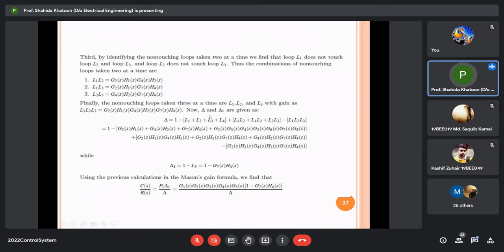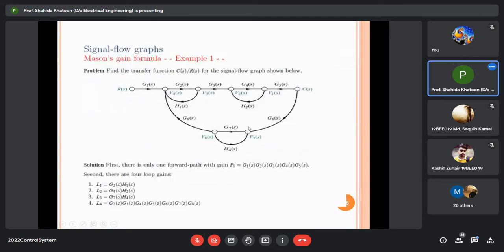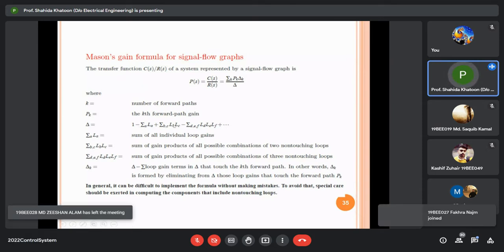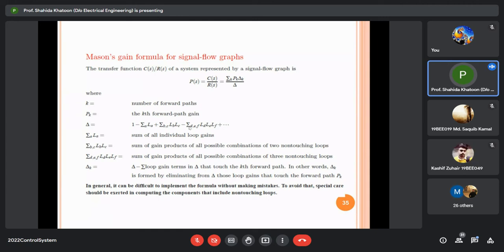Now you have to find out delta. So what is delta? From Mason's gain formula, delta is 1 minus the sum of all individual loop gains, plus the sum of gain products of all possible combinations of 2 non-touching loops, minus the sum of gain products of all possible combinations of 3 non-touching loops.